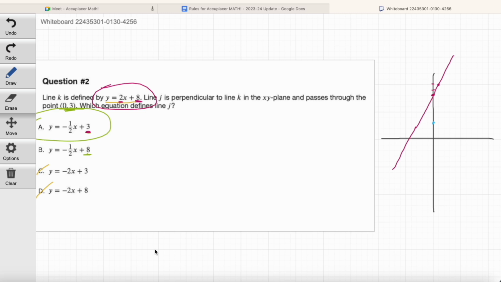And then what is the slope? Is that -1 over 2? Yeah, -1 over 2. Now let's interpret what that means here. A negative slope is going to be going downhill from left to right. Notice that the original equation, the one in the question, y equals 2x plus 8, has a positive slope, so that's going uphill, left to right.